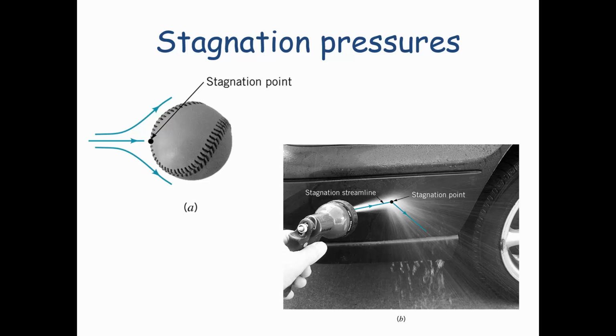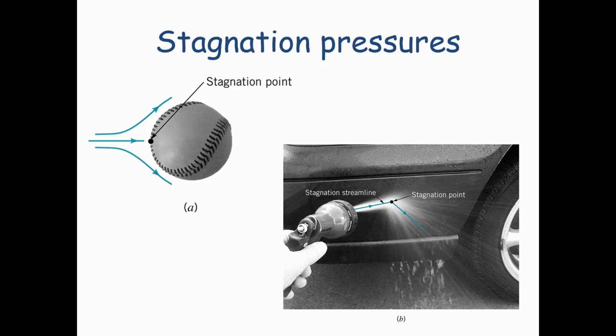On the right-hand side, another stagnation point would be where water is being sprayed on a surface, like on a car, as in this example. And when the spray hits the surface, right at that point the fluid has zero velocity, and that's called a stagnation point.